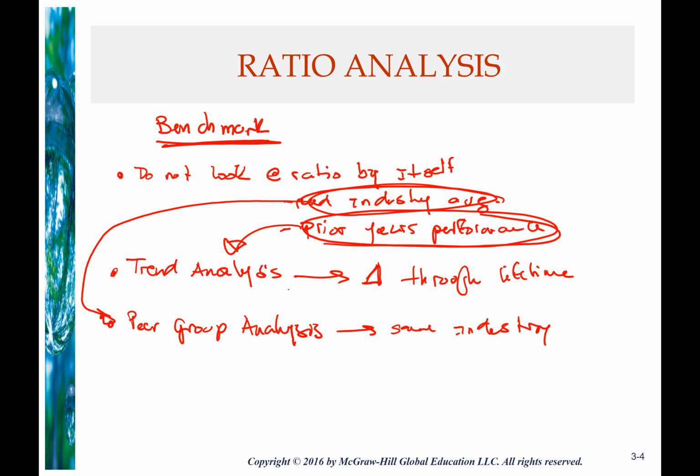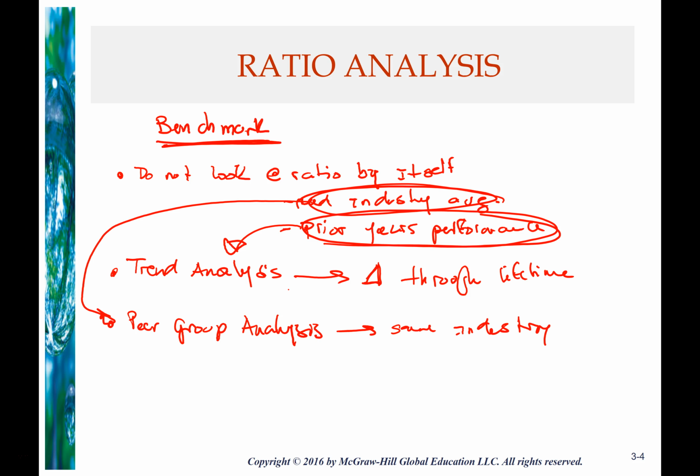The goal here for me and my classes and my style of teaching is not for you guys to memorize ratios and spit them out like computers, but I want you guys to start understanding where these numbers are coming from. It's more important to me for you to understand exactly which financial statements the numbers are coming from, as opposed to memorizing the ratios.